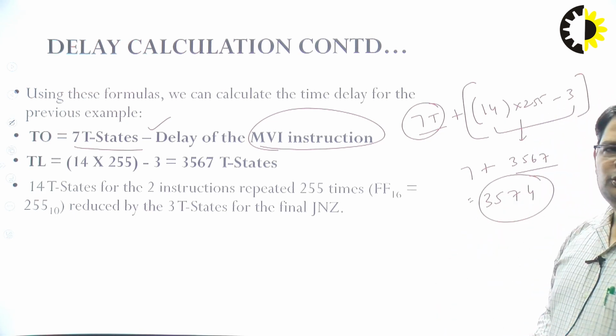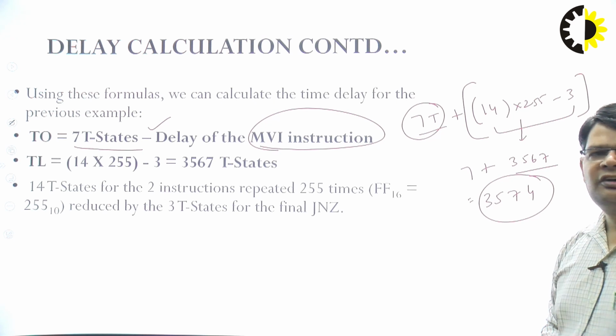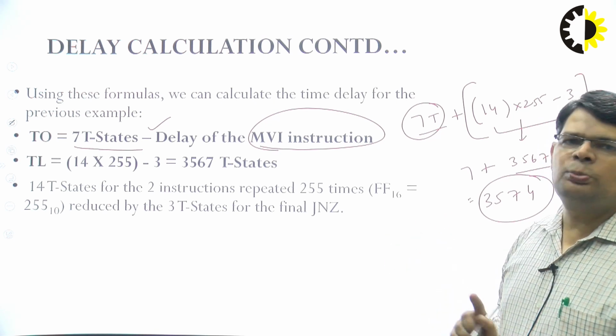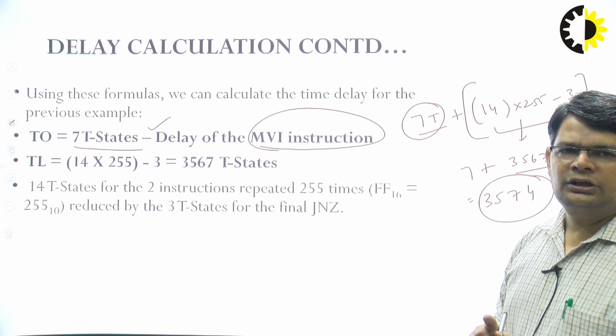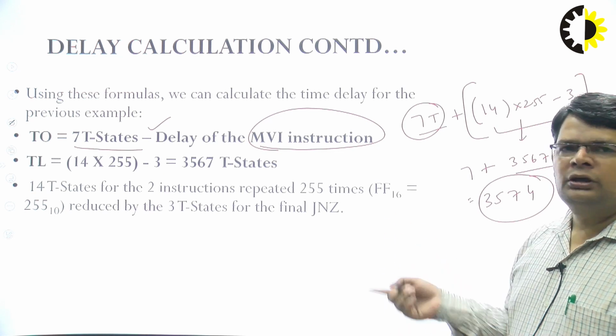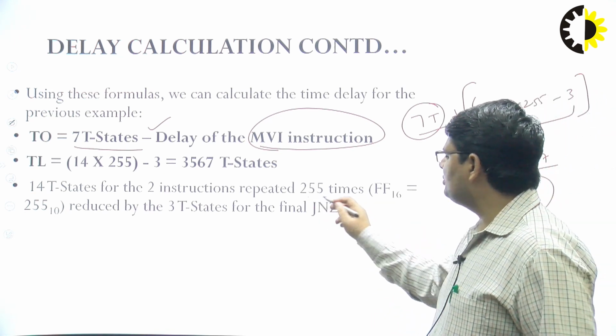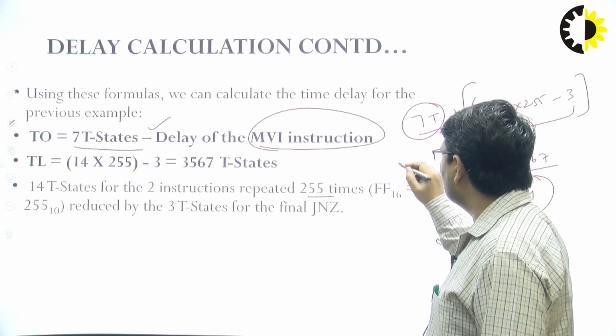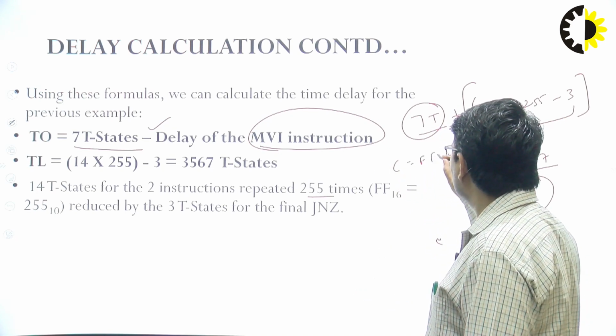So this is the total number of T states required for executing this loop 255 times, when the counter is initialized with value FF.